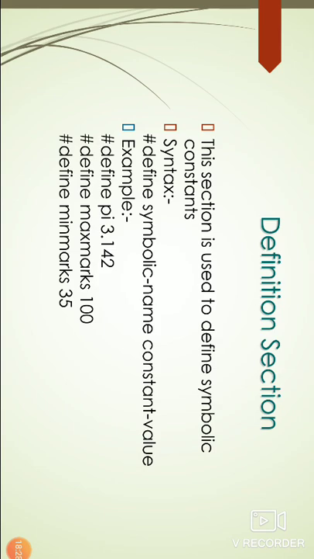Next, second one is hash define max marks space 100. Now I'm declaring max marks with the assigned value 100. The third one is hash define space min marks space 35. Here min marks is the constant name, the symbolic name, and 35 is the constant value. Okay.